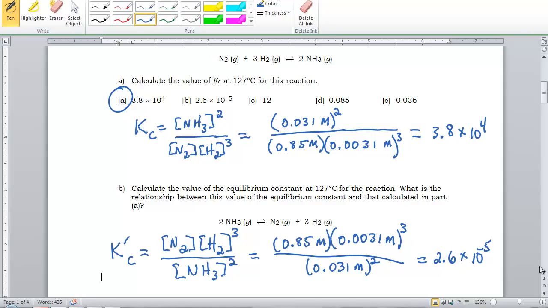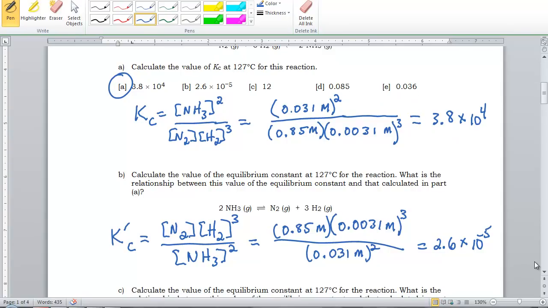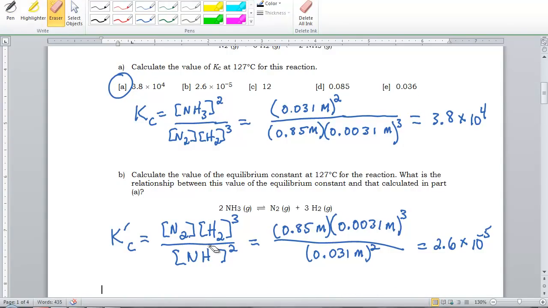So this new equilibrium constant, since our numerator and denominator have essentially flipped, is the inverse or the reciprocal of the original.